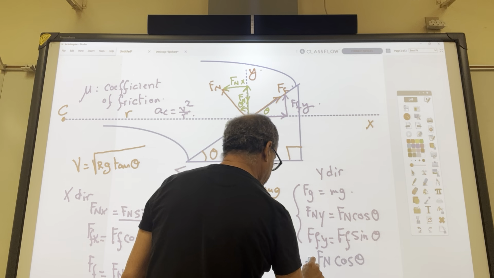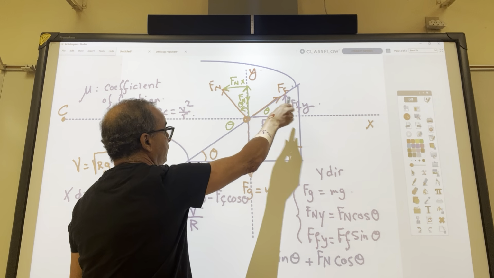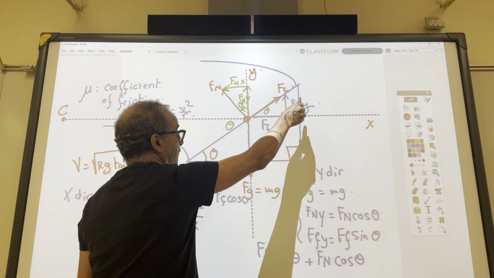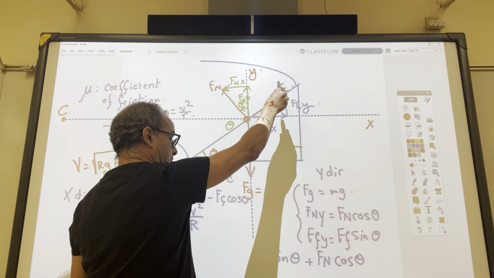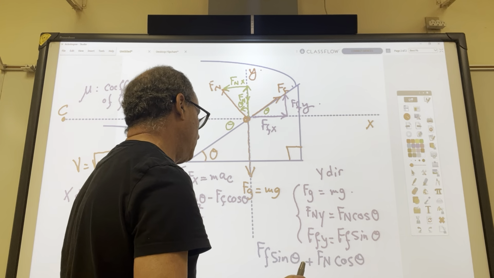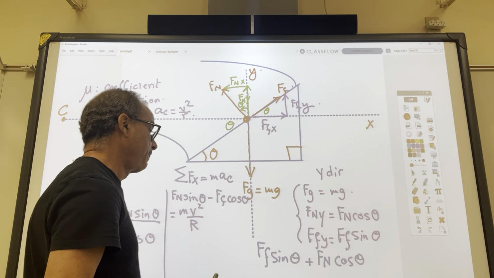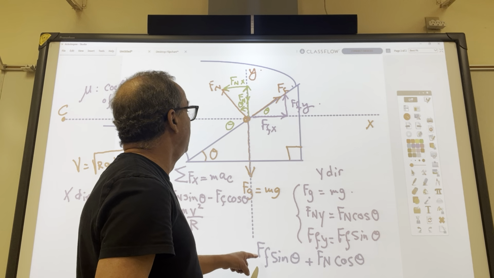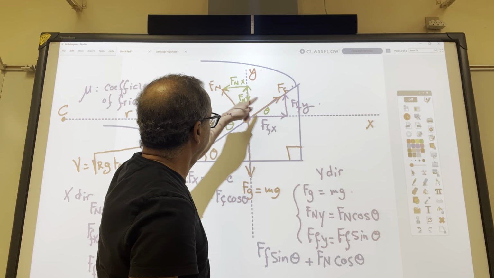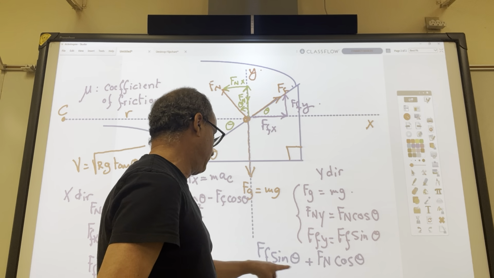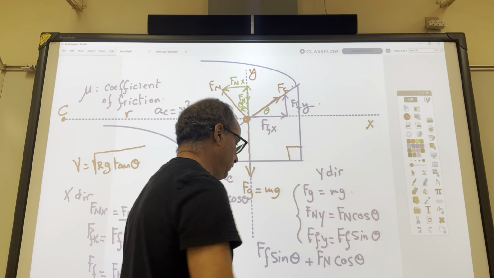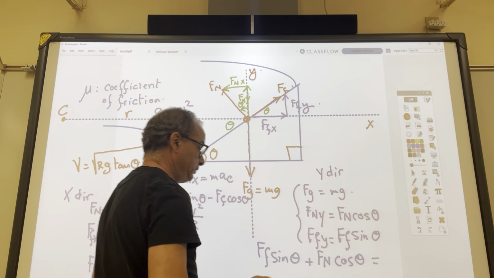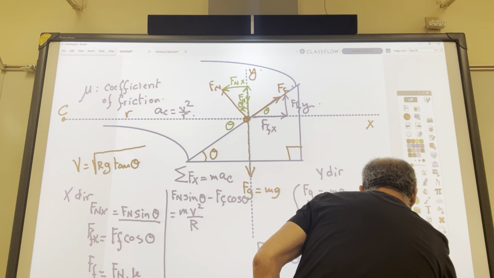Fn y, which is Fn cosine theta, and Ff y, which is Ff sine theta, and then you're going to balance out the force of gravity. You're going to make it equal to mg.